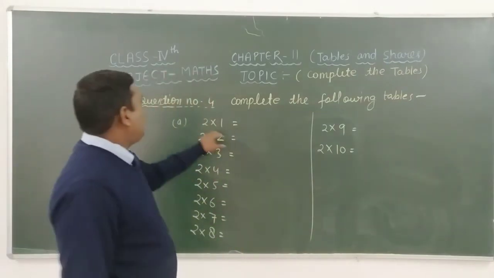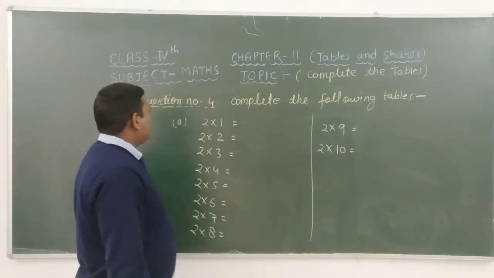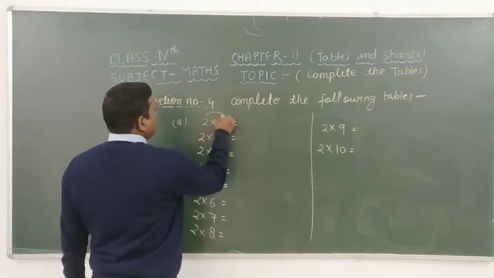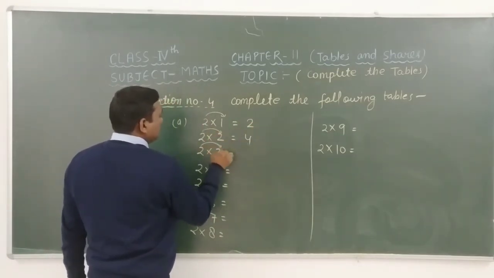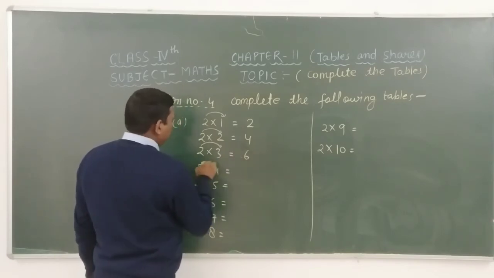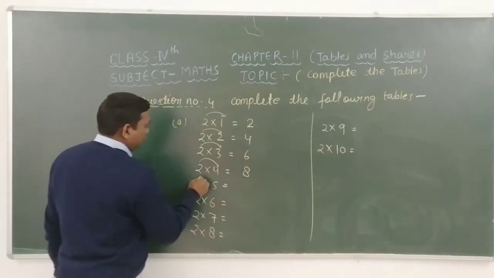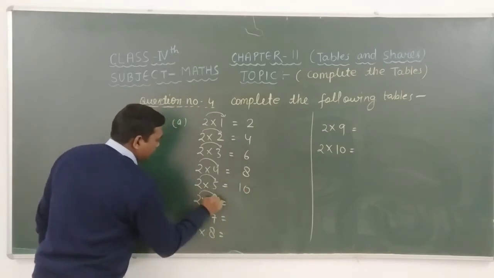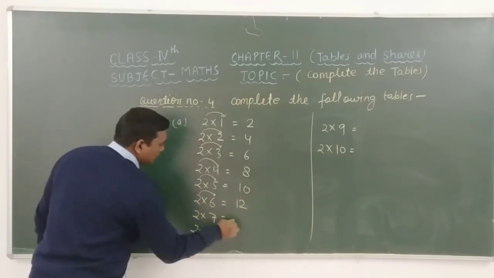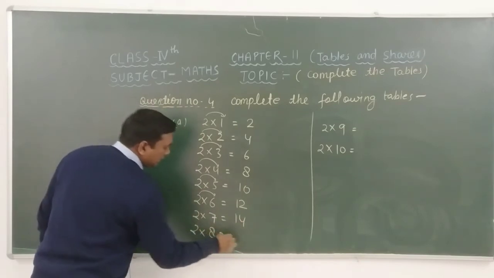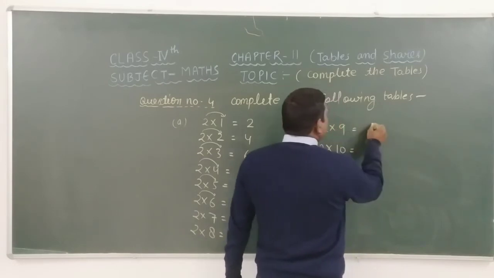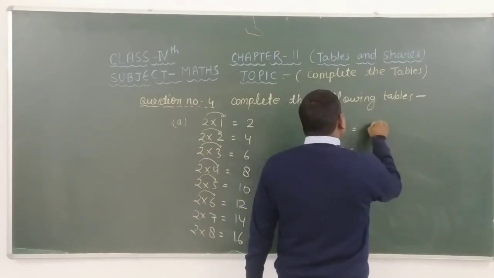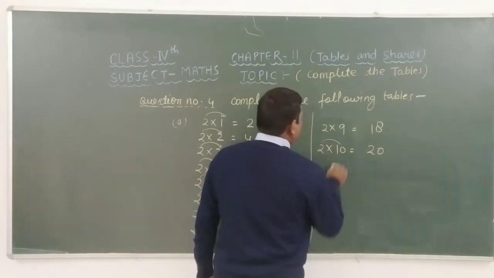This is the table of 2. If we multiply 2 by 1, 2 ones are 2, 2 twos are 4, 2 threes are 6, 2 fours are 8, 2 fives are 10, 2 sixes are 12, 2 sevens are 14, 2 eights are 16, 2 nines are 18, 2 tens are 20.